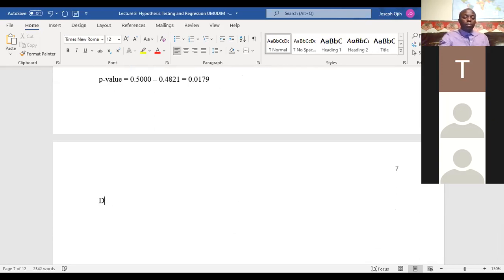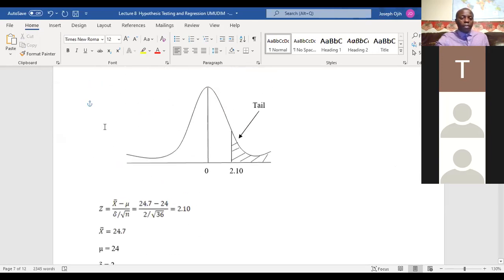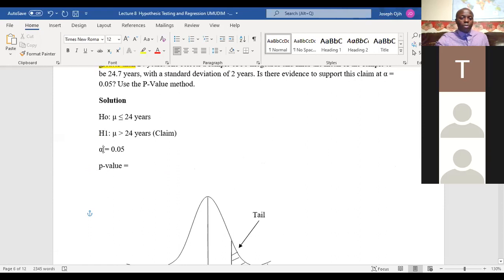Decision time. Okay. We have our p-value equals 0.0179. And our alpha was, what's the alpha? 5%, so 0.05.